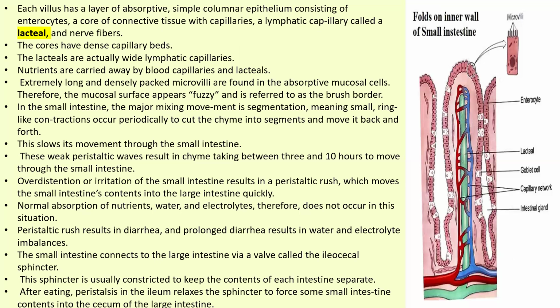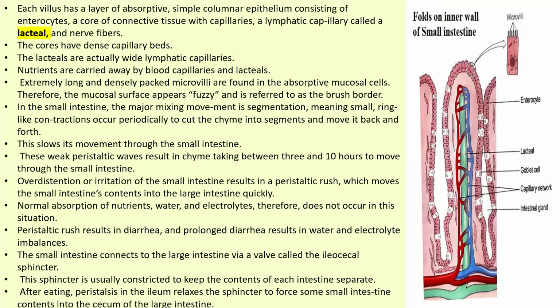Points should be noted. As I explained previously, the small intestine connects to the large intestine via a valve called the ileocecal valve. This ileocecal valve is a sphincter which is usually constricted to keep the contents of each intestine separate.